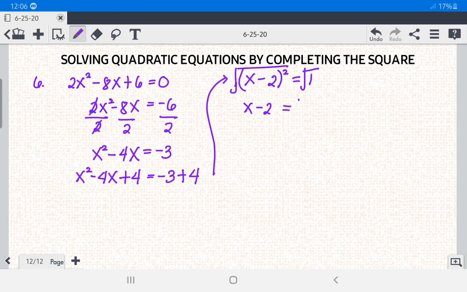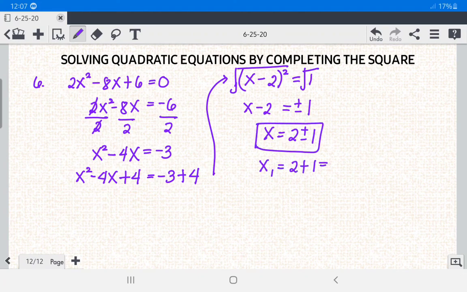So, we have x is equal to 2 plus or minus 1. Then, x1 is 2 plus 1 equals 3. x2 is 2 minus 1 equals 1.